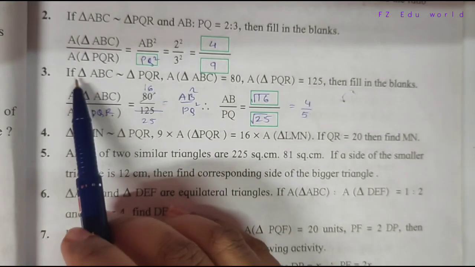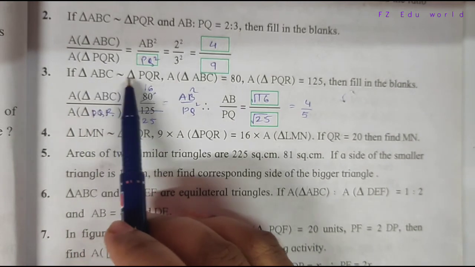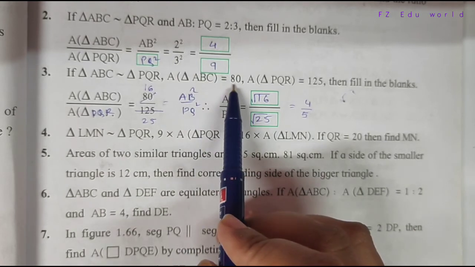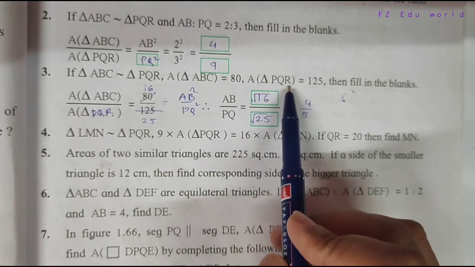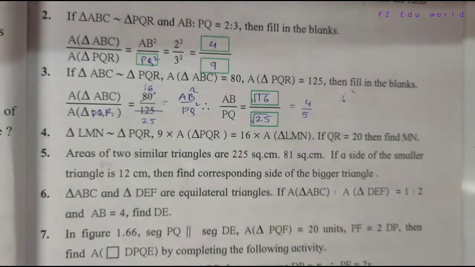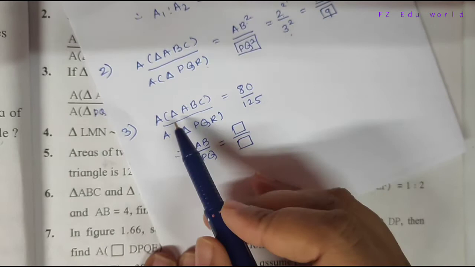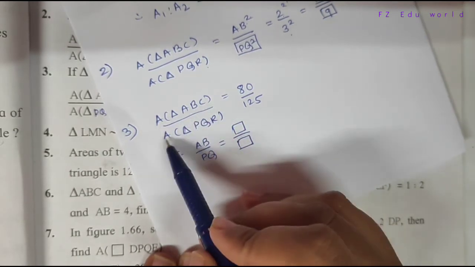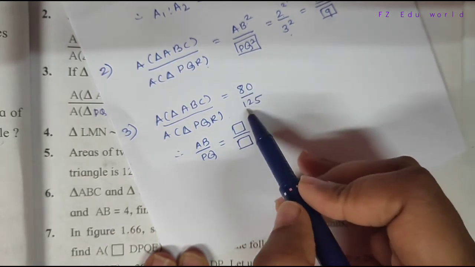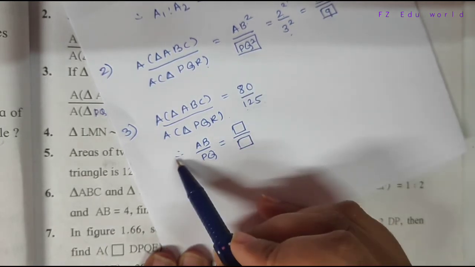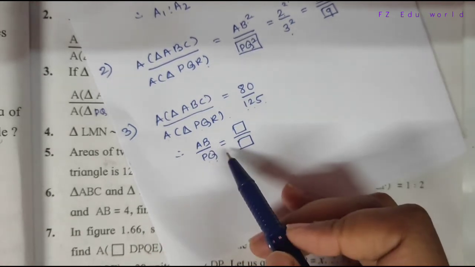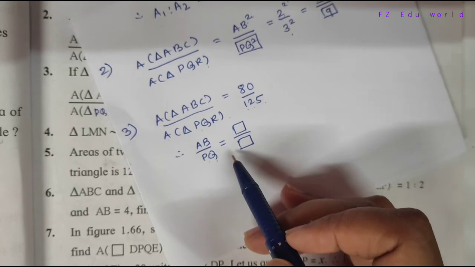Third question: if triangle ABC is similar to triangle PQR, area of triangle ABC is 80 and area of triangle PQR is 125, then fill in the blanks. This is given to us, area of triangle ABC upon area of triangle PQR is equal to 80 upon 125, and we need to fill this blank: AB upon PQ. We need to find out the value of AB upon PQ.